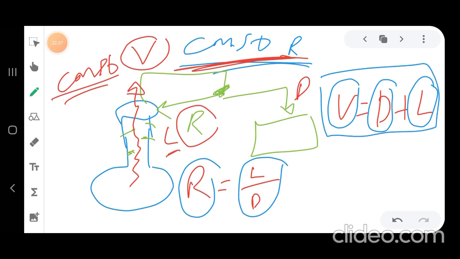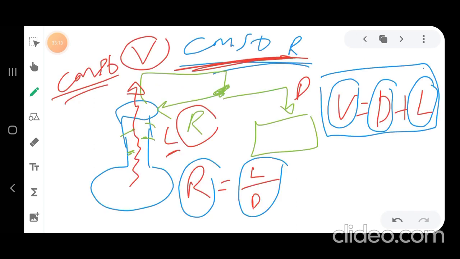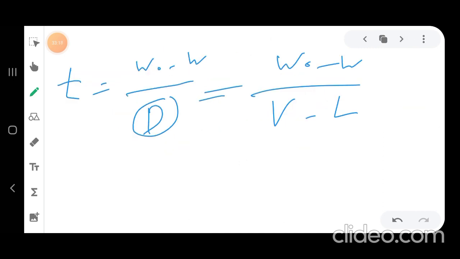In this case, you can find the time needed for distillation, as we mentioned, using this equation. Time will be W naught minus W over D. Then we can play with this equation. D from material balance is V minus L, right? If we rearrange this equation, it will be V minus L. You can further play with this equation by defining the reflux ratio.